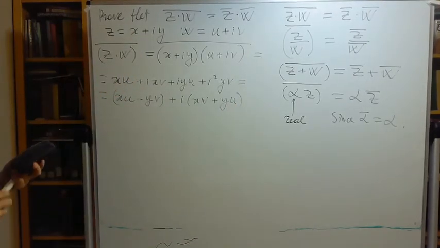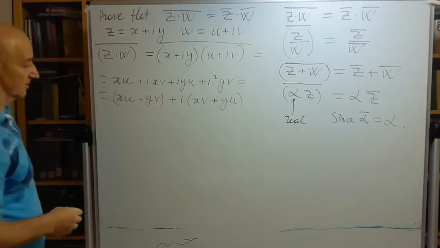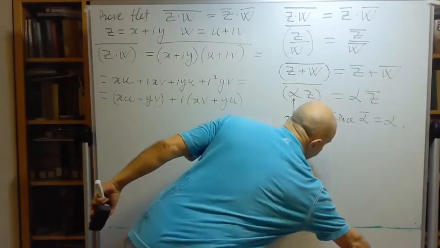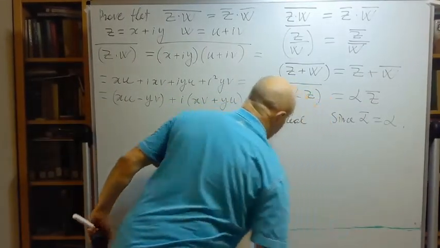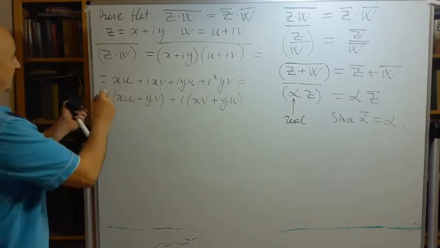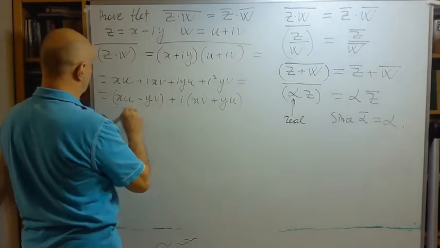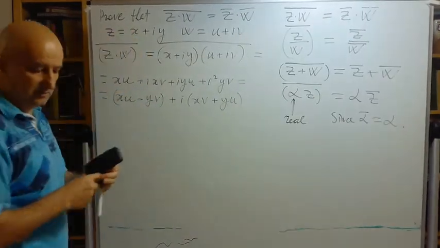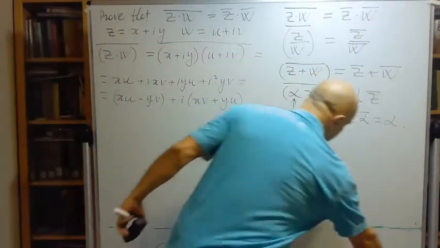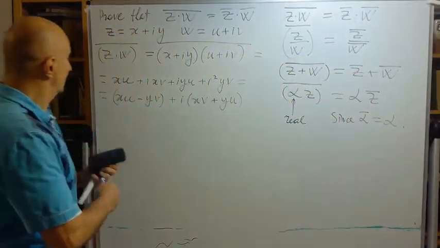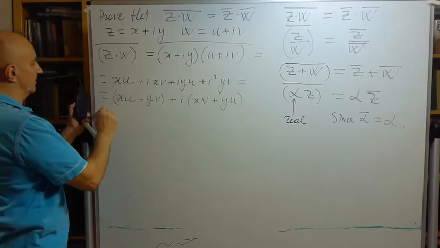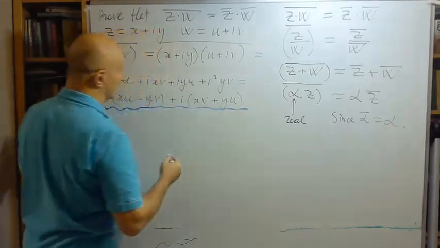That's the expression for z multiplied by w, and then we take the conjugate.